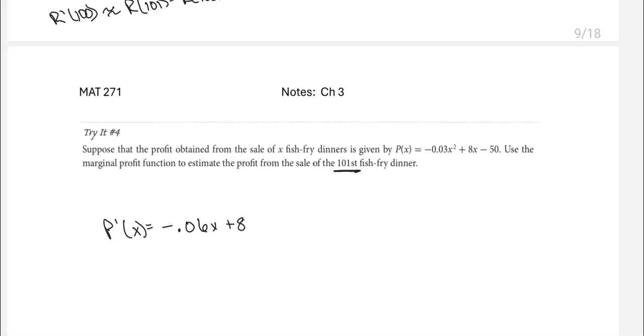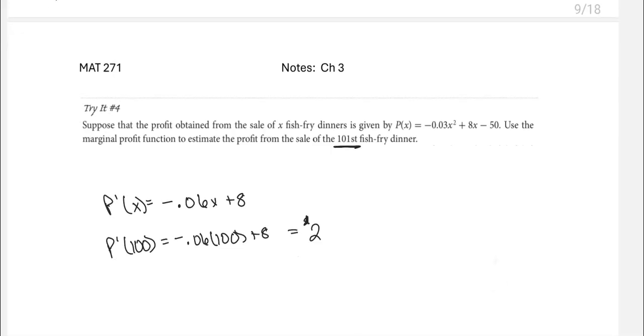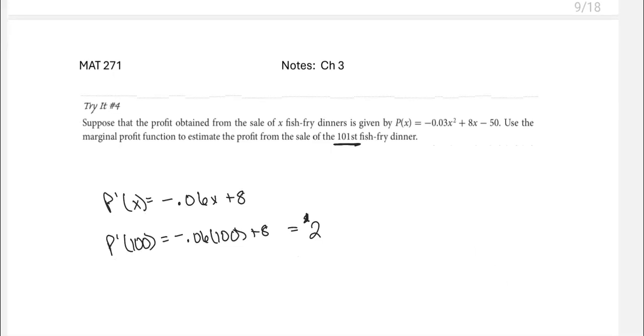So there's my marginal profit equation. I want to know what's happening on the 101st. So I'm going to plug in 100 here, and that would give me that approximation. And I got 2. So we would expect to profit about $2 on that 101st dinner item.